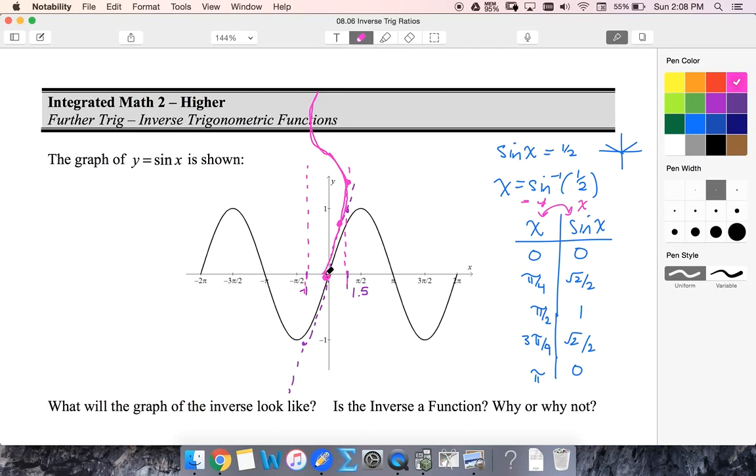I can keep going the opposite way as well. I'm going to come down and hit and then come back. So thinking about when I'm hitting my zeros, down here this would be negative pi, up here, so I should have come much further because really this value should have been much further down.